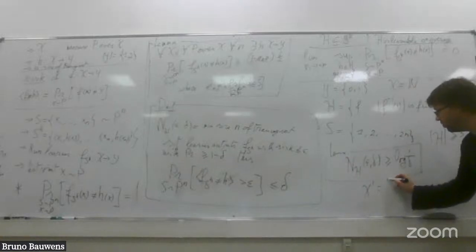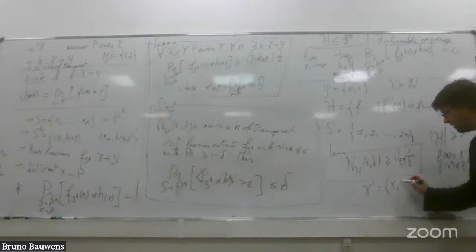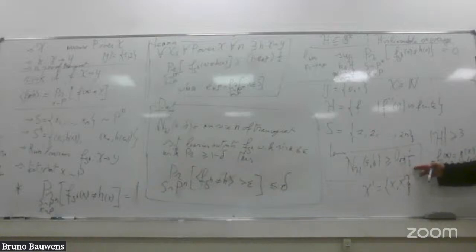Let's assume that f of x equals g of x, and f of x prime differs from g of x prime. Let us consider these 2 inputs and use the uniform distribution over these 2. They each have probability 1/2. Okay, so now you understand how you get this logarithm.